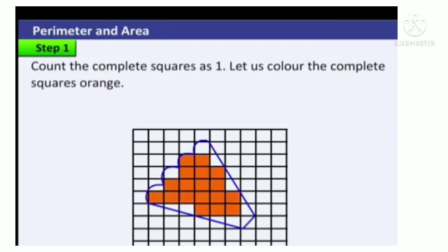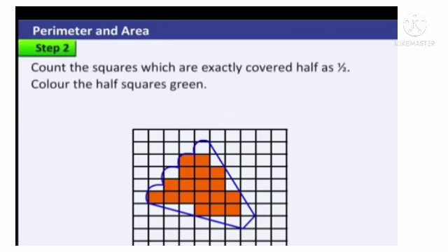Let us color the complete squares orange. Number of complete squares is equal to 18. Step 2. Count the squares which are exactly half covered as 1 by 2. Color the half squares green. Number of half-filled squares is equal to 4.